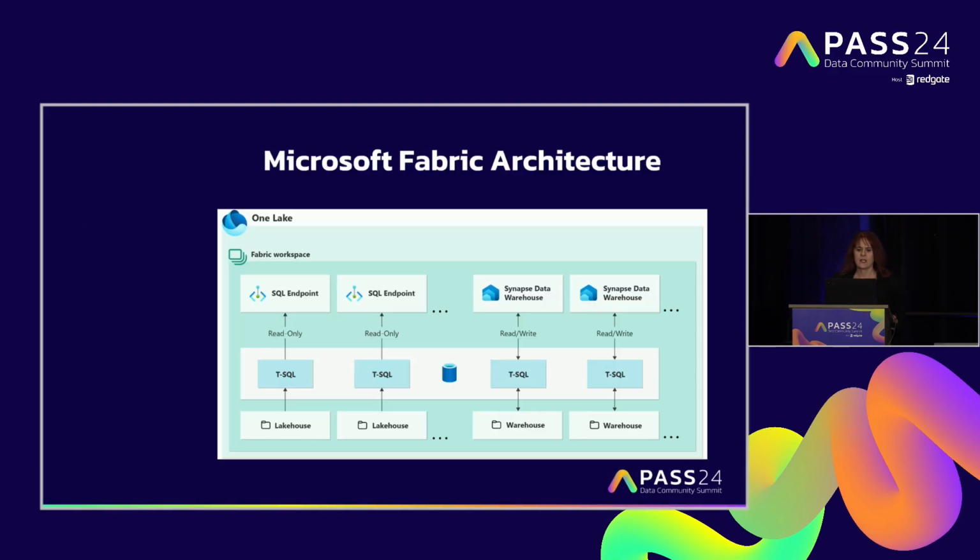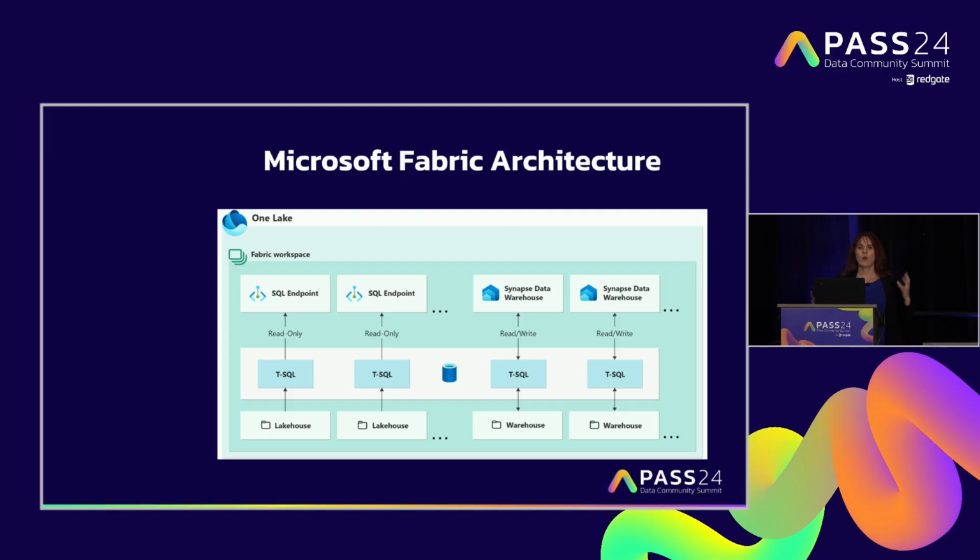Let's get started. So you may have seen this slide before or something very similar. And this gets into the architecture of Fabric. Since most of you understand or are currently using Fabric, you know that what Fabric does is it puts everything inside of one lake.